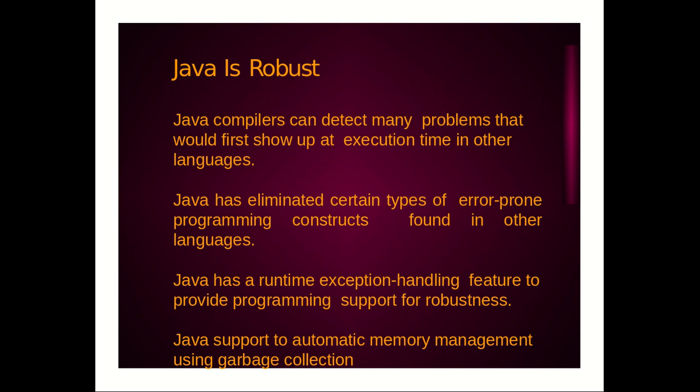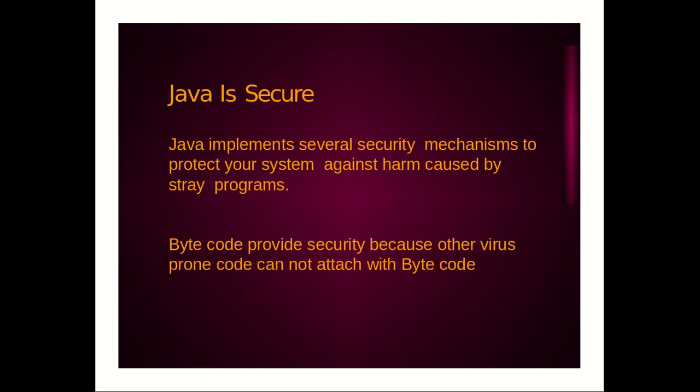For example, it avoids pointers and operator overloading from C and C++. Java has a runtime exception handling feature that provides programming support for robustness. Another important feature available in Java is automatic memory management using garbage collection.